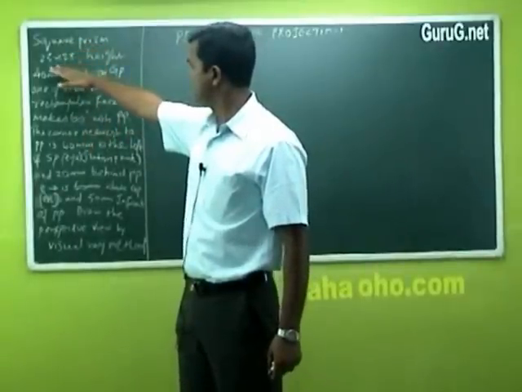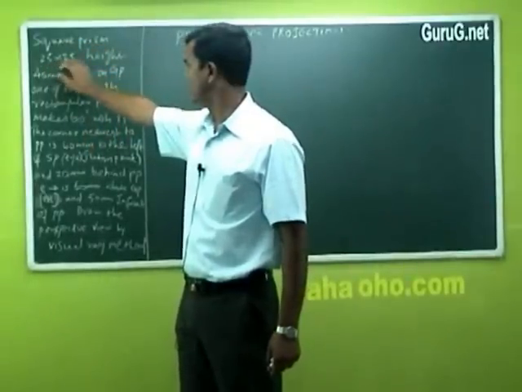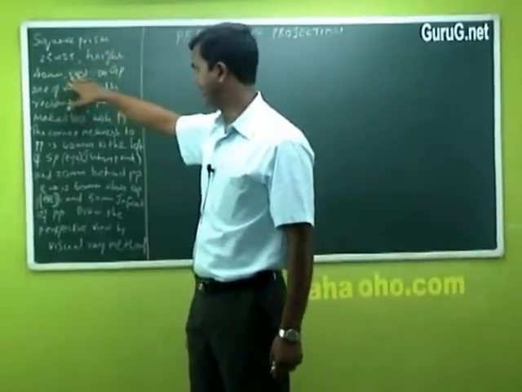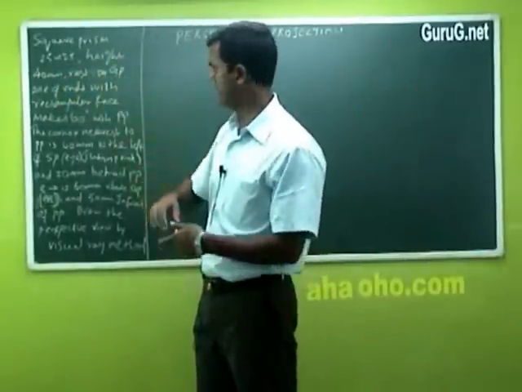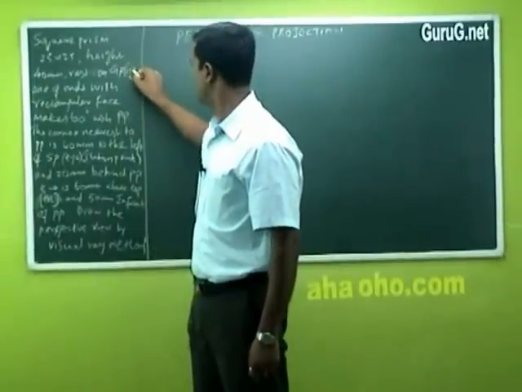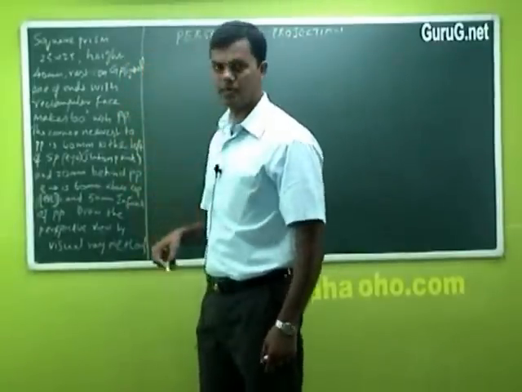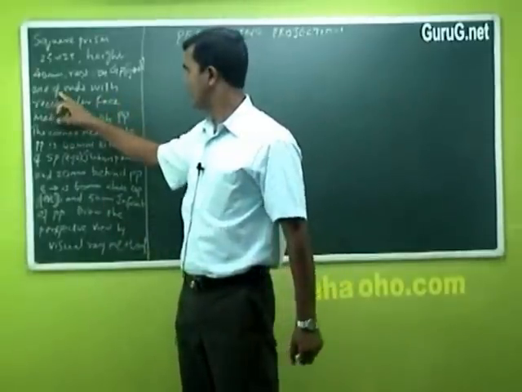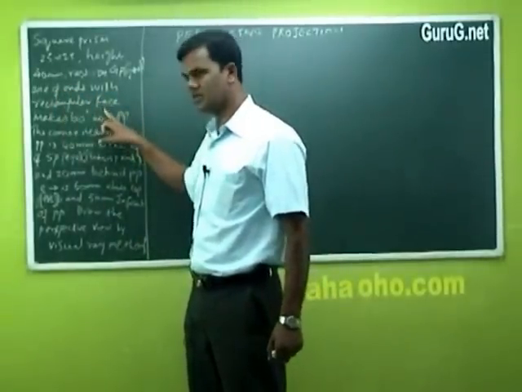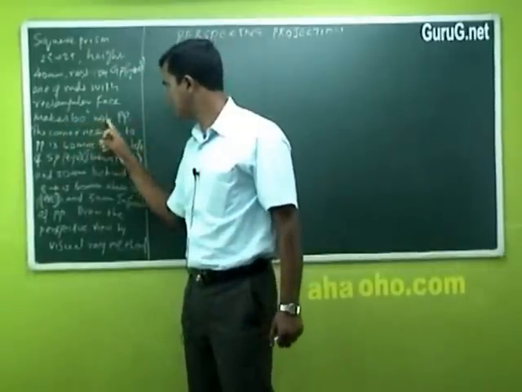A square prism with a side of 25 by 25 and height of 40 millimeter rests on GP, that is ground plane, with one of its ends with rectangular faces making 60 degrees with PP.